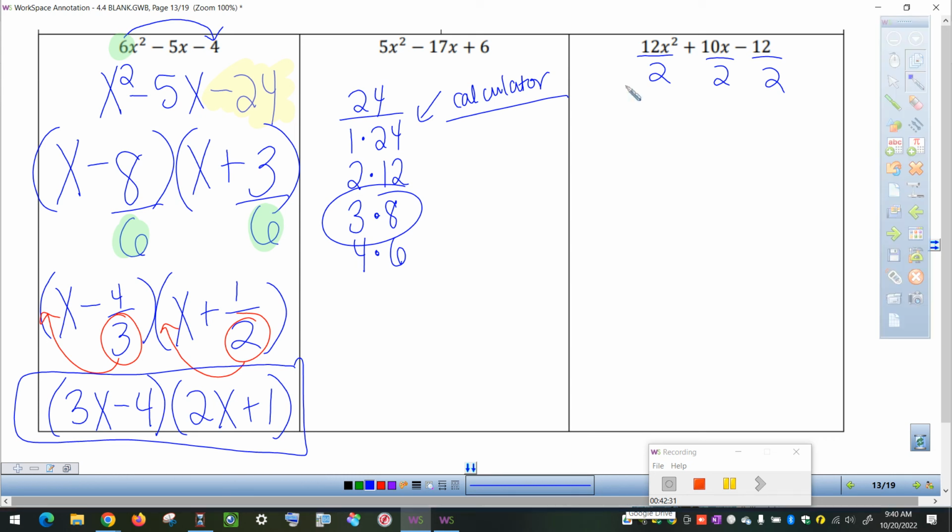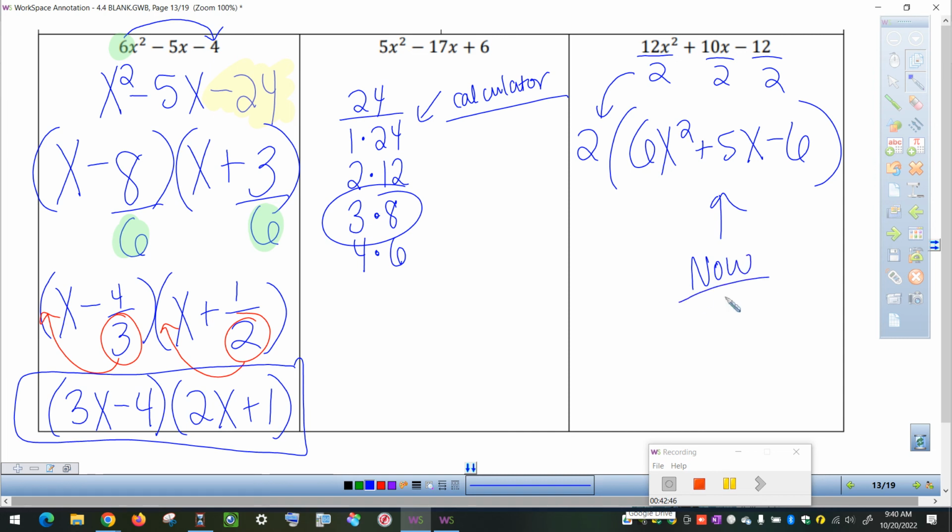So that 2 is still going to stay in the very front of our final answer. When we divide everything by 2, then we get 6x squared plus 5x minus 6. Now we can do the slip and slide method for just the inside part. Now it'll work. You just keep the 2 at the very front.